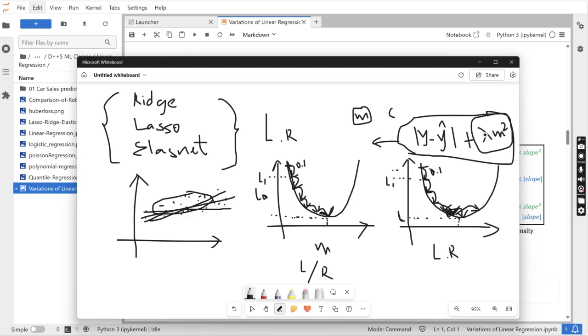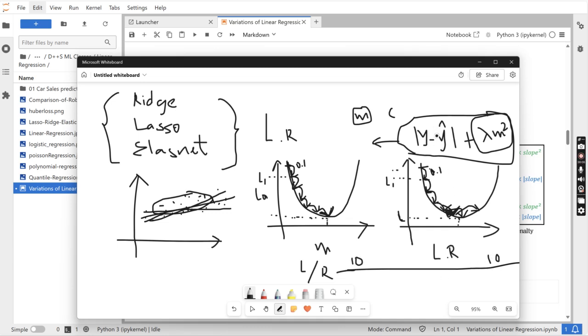So in this case I will give you a mathematical example. In this linear regression, let's just say the actual value was 10. Let's just say the original value was 10 here, and here also the original value was 10.